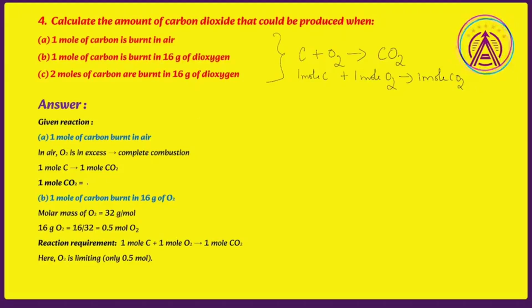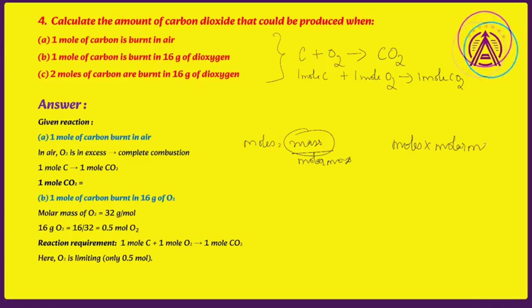So if you have 1 mole of carbon dioxide, how do you convert your moles to your mass? We know that moles is equal to mass by molar mass. So if I have to find out this mass, I can just multiply my moles into molar mass. Okay.